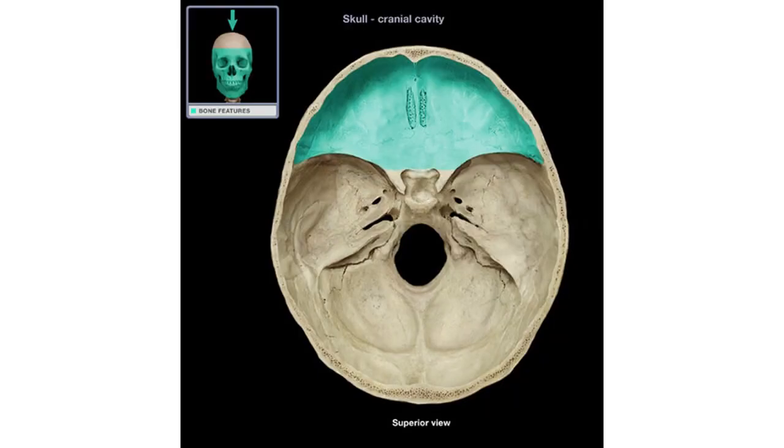When the top of the skull is removed, and that's the calvaria, we can have a view of the inside of the skull, what is called the cranial view. Now, the green marked area is what is called the anterior cranial fossa, and it houses the frontal lobe of the brain.